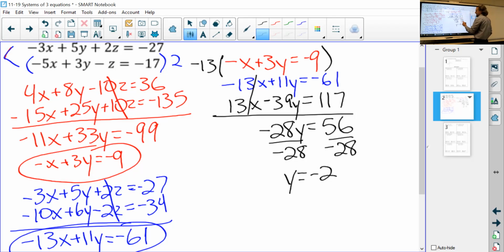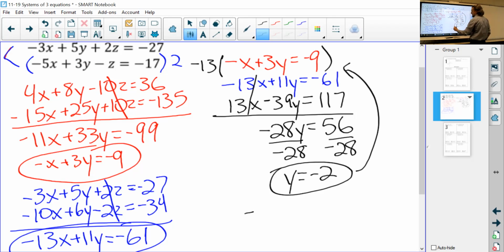So I'm gonna take that answer, so I know this is right, and I'm gonna substitute it back into one of these equations up here. So I like this one in red. That one looks easier. So I have negative x plus 3 times negative 2 equals negative 9. And then we just solve for x.